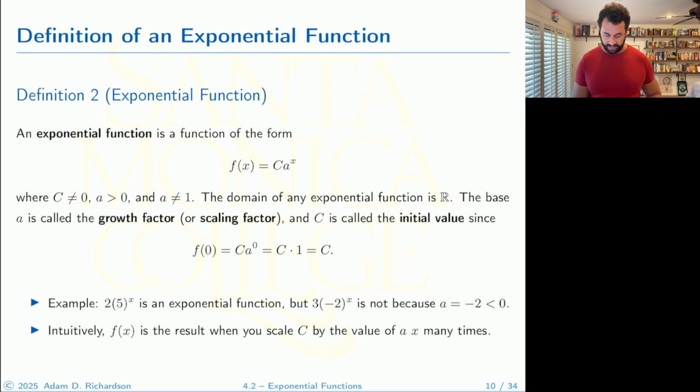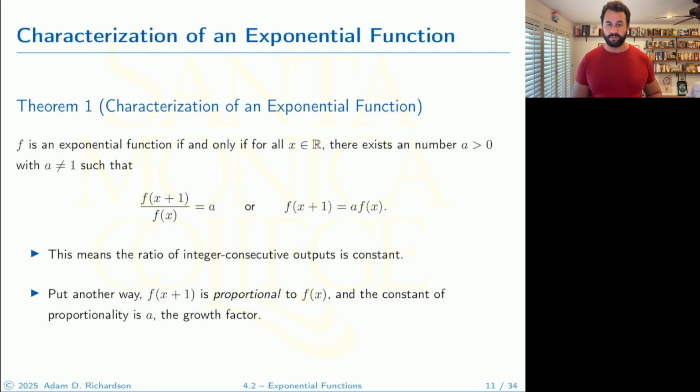So this would not be an example of an exponential function. a has to be positive and not equal to 1. Now, intuitively, f of x is the result when you scale c by the value of a x many times. So basically, you're repeatedly multiplying by a in some sense. That is the definition of an exponential function.